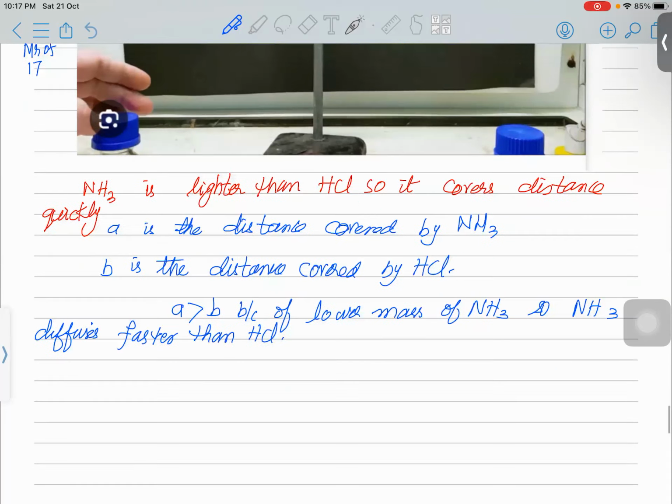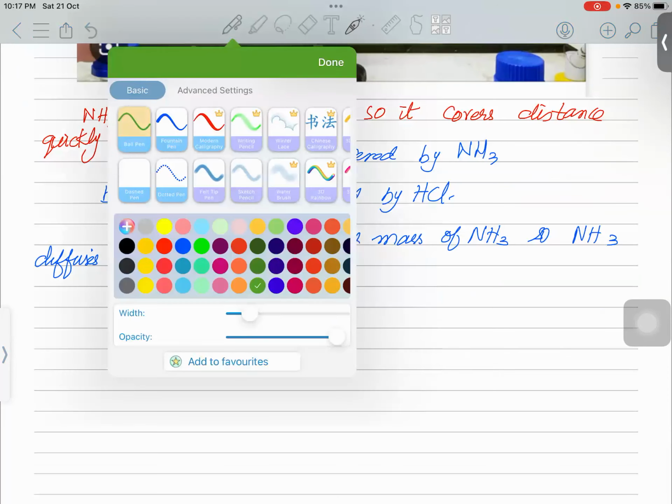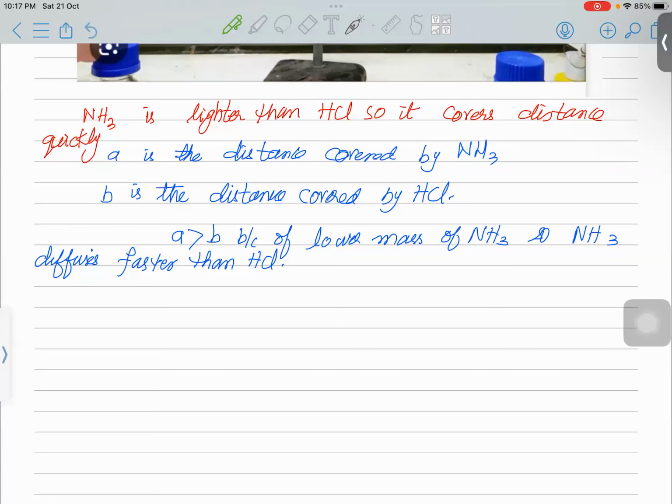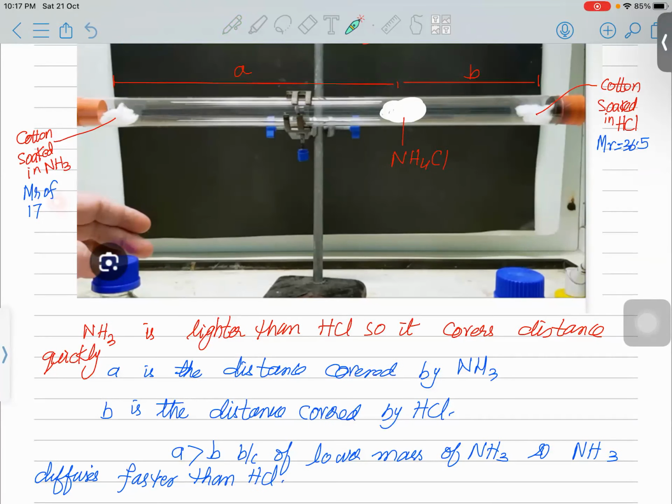Sir, why is it diffusing near HCl? Now listen. Ammonia is a gas. HCl is a gas, right? So here particles move. Here HCl particles move.